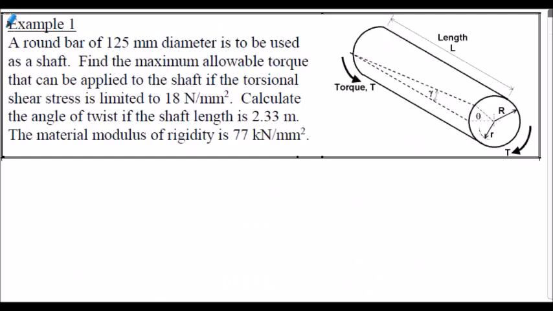Let's first consider an example. Example 1 here. We have a round bar of 125 millimeters diameter is to be used as a shaft. We're asked to find the maximum allowable torque, that's capital T in our simple torsion equation, that can be applied to the shaft if the torsional shear stress is to be limited to 18 newtons per millimeter squared.